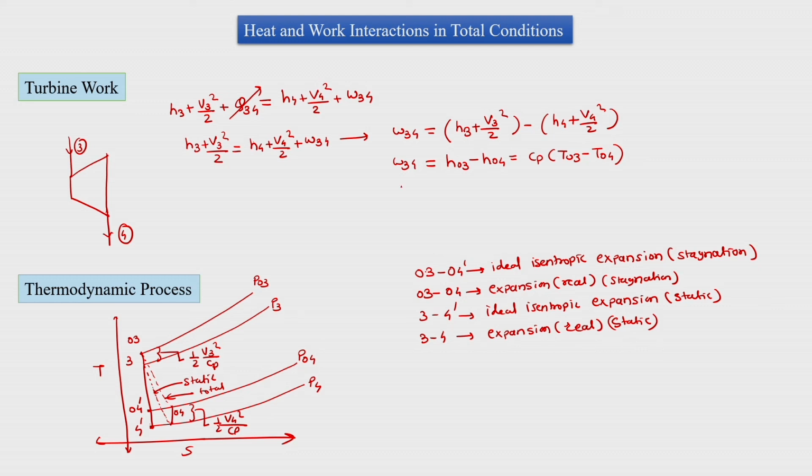So, we can get W34 as delta H0, which is equal to Cp into delta T0 in the process 3-4. But the major thing in the case of a turbine is that total temperature decreases and total enthalpy also decreases, since we are having work output from the system.